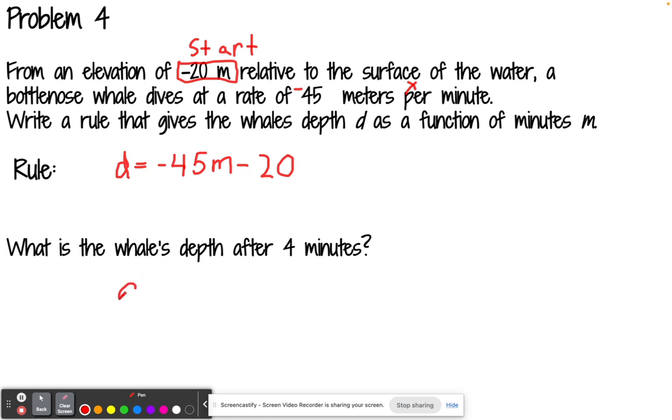So what's its depth, D, after 4 minutes? Well, D would equal negative 45 times 4 minus 20. Well, negative 45 times 4 is going to be negative 180.